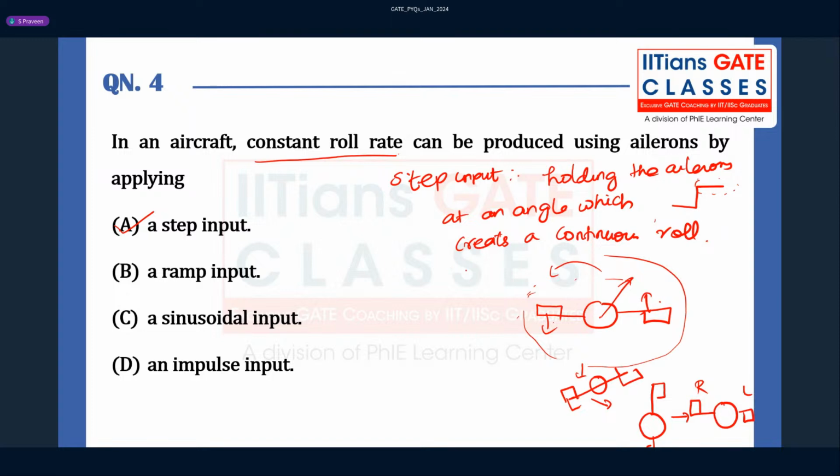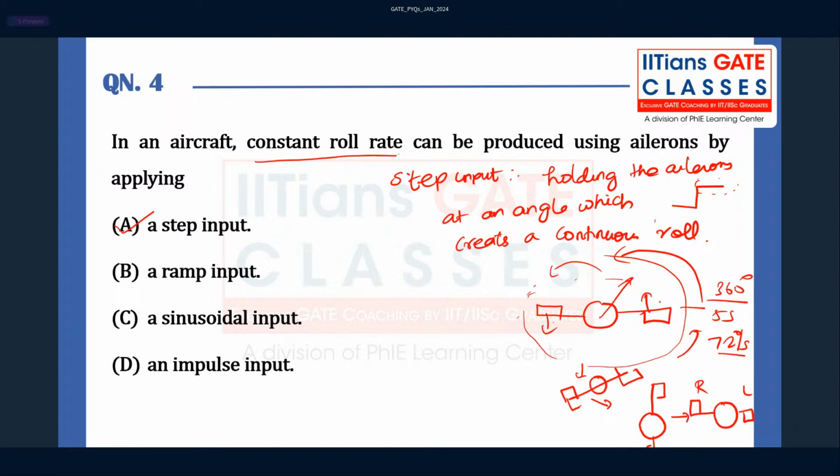Let's say it takes around 5 seconds to go from here and come back to here, so 360 degrees by 5 seconds is 72 degrees per second. So this is the constant roll rate that I was talking about, and it is maintained by using a step input.